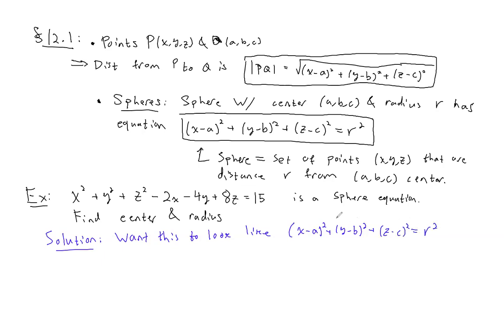Now, I don't know what a, b, and c are, and I don't know what r is either, but I know that I want that equation to look like that. And as soon as it does, then we'll know immediately what the center and radius are.